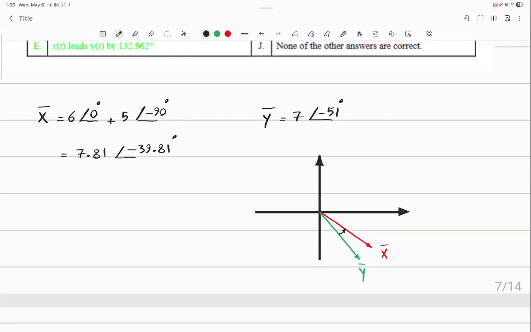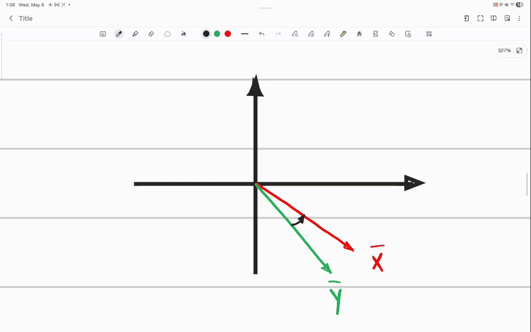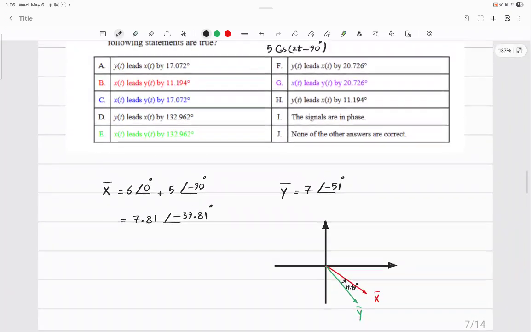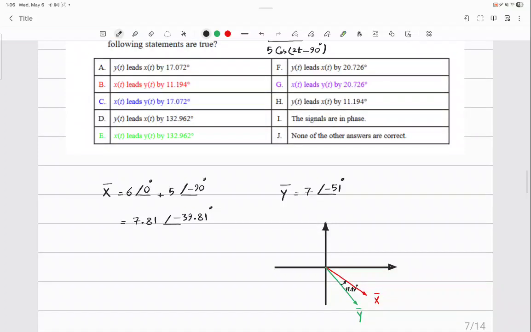Is 51 minus 39.81, which is what? Right? Which one is leading? X is leading by 11.19. Or you can say y is lagging by 11.19. Now, you can right now answer the question. Which one is correct? B.